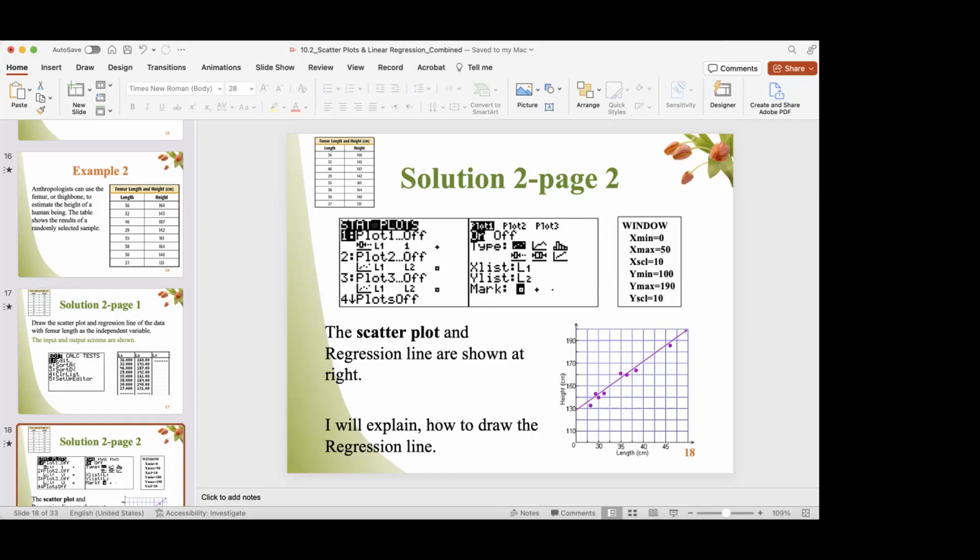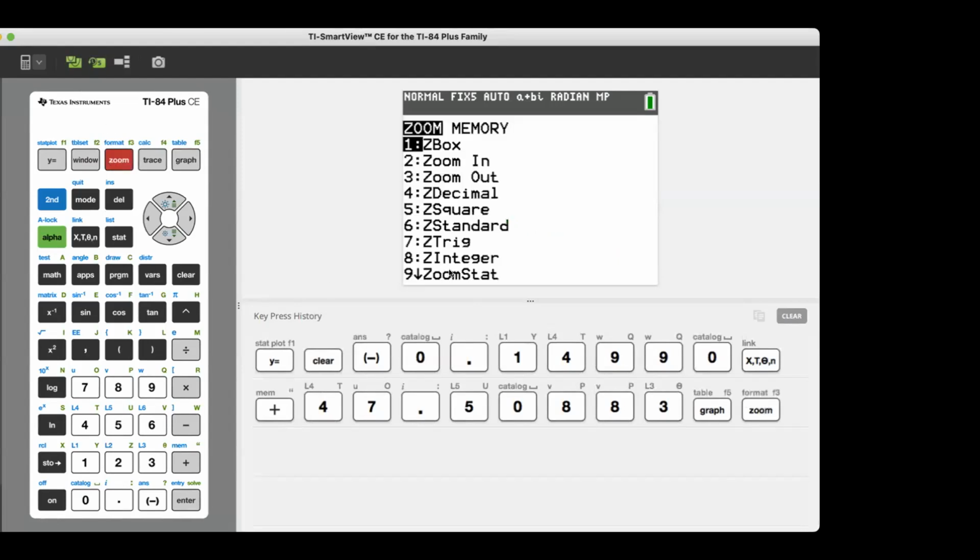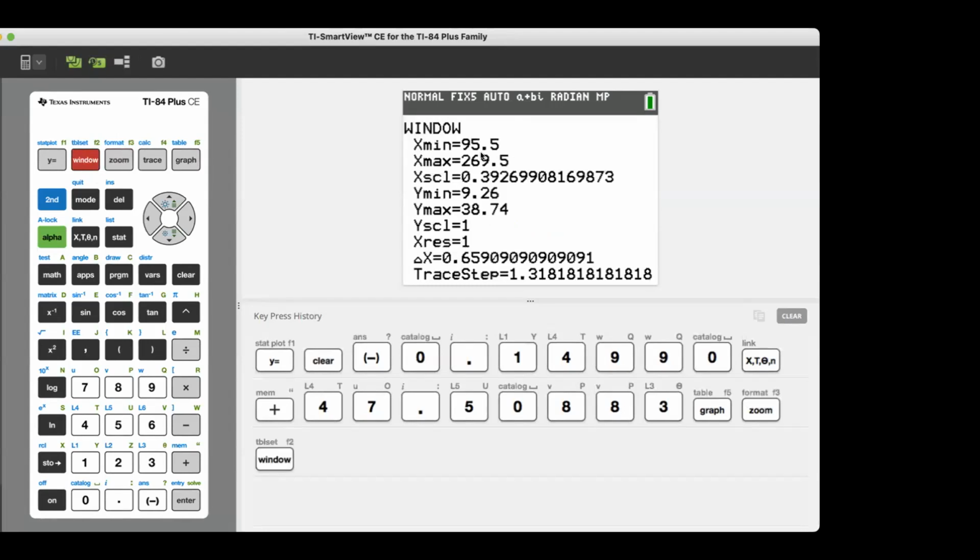Let me go back to my calculator, stop sharing this PowerPoint and share my calculator. You know, this is my scatter plot and the line. I use zoom stat to get the window for both of them. But if I click the window key, here are all the numbers that zoom stat automatically created, okay?